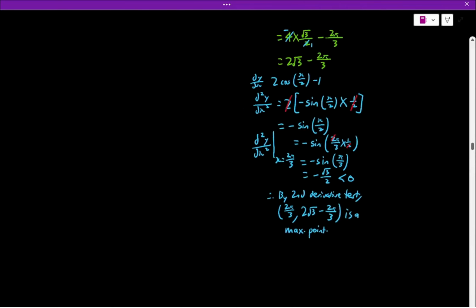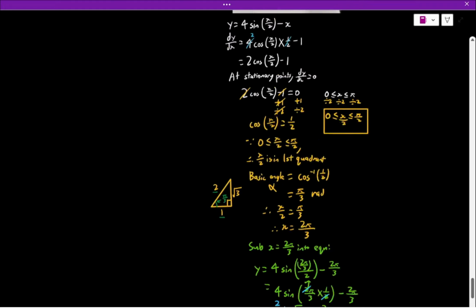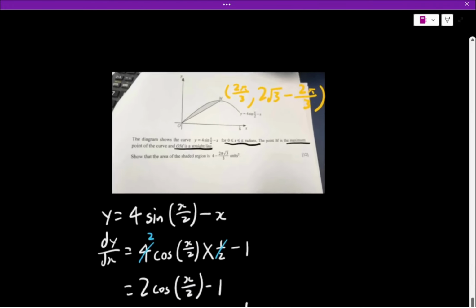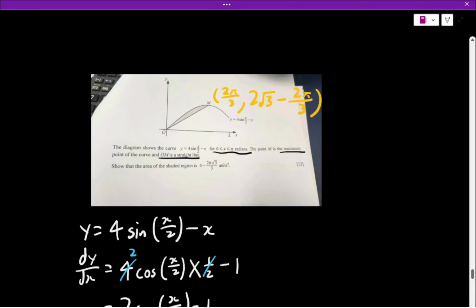Okay, great. So we have found out the coordinates of points M.